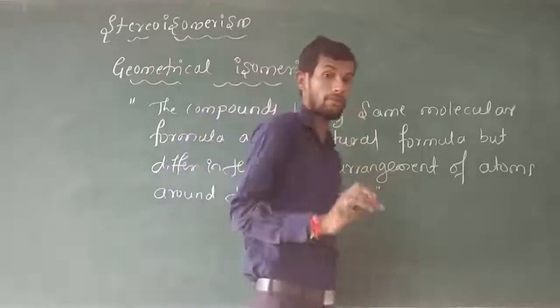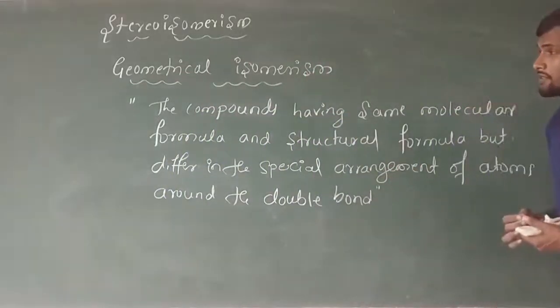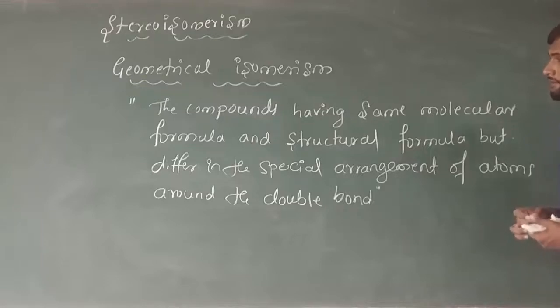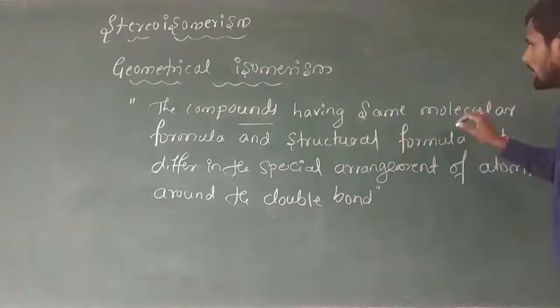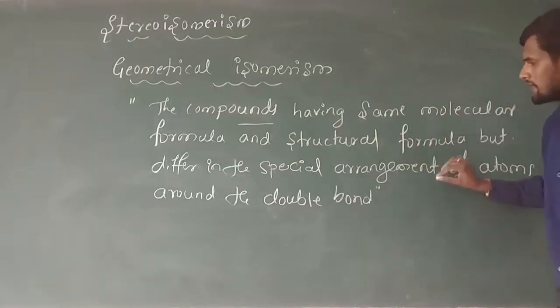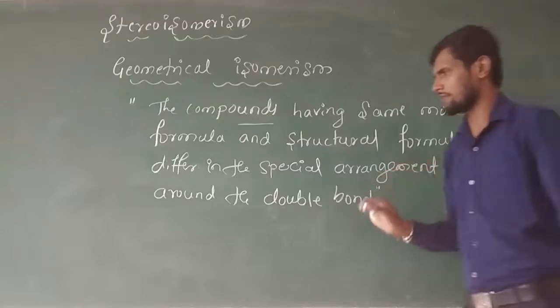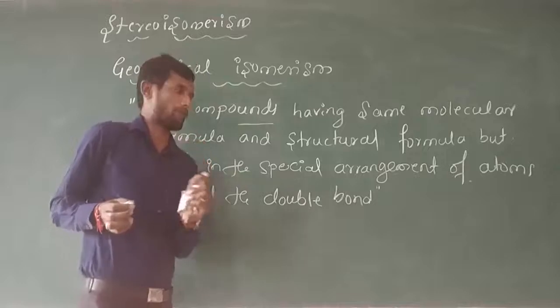Yes, remember this point because this is very important. What is this? Geometrical isomerism. It says the compounds having the same molecular formula and structural formula but differing in the special arrangement of atoms around the double bond. This one is very important.